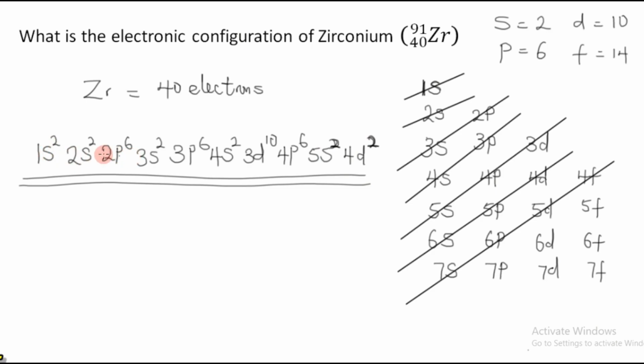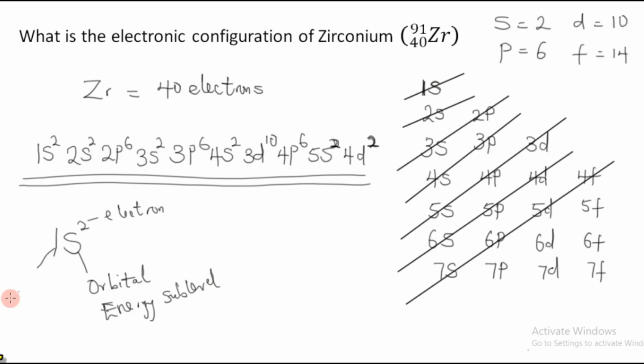So if we take any of these, we have 1s2, right? So this 2 represents the number of electrons. This s represents the energy sublevel, which is also referred to as the orbital, right?